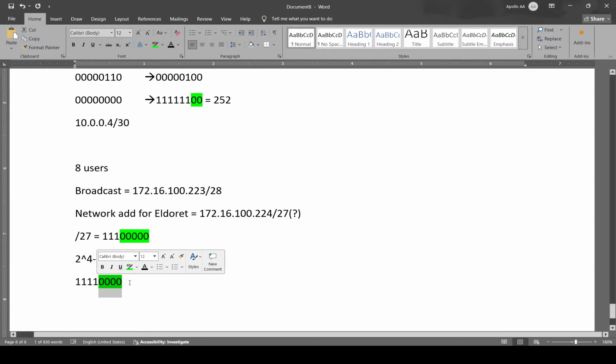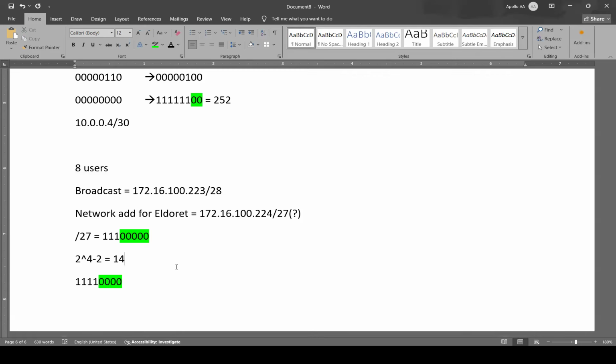With 4 host bits, we will end up wasting just 6 addresses, but it's way better wasting 6 than wasting 22 addresses, because this 14 will still take care of our 8 users here. Does it make sense? Yes, you're clear now. Okay. So up to that point, any question?